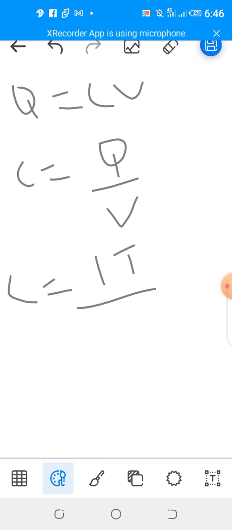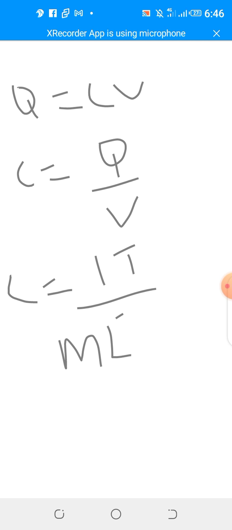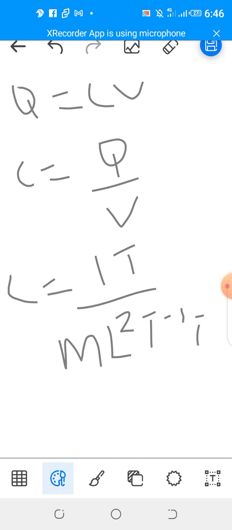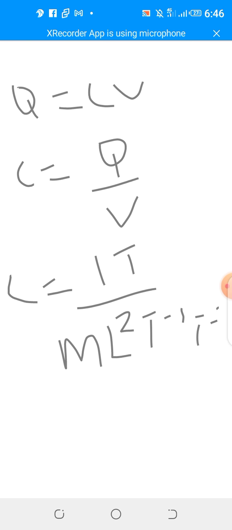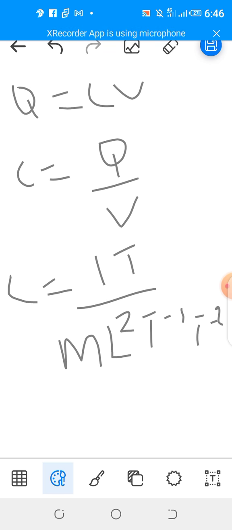But I think it's M L2 T minus 3 I minus 1. If I can remember, if I don't remember, please correct it. So now capacitance will be what?